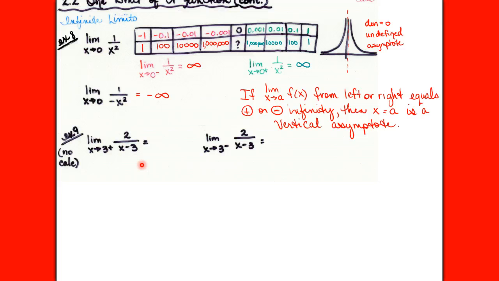So if my numerator is staying the same and my denominator is getting smaller and smaller, what will the overall fraction be doing? Getting larger and larger and larger, right? Let's talk through that one more time. My numerator is staying the same. It is not changing. It's 2 no matter what I plug in. But for my denominator, as I approach 3 from the right, I would use like 3.1, 3.01, 3.001. So for each of those, when I subtract 3, I would be left with 0.1, then 0.01, then 0.001.